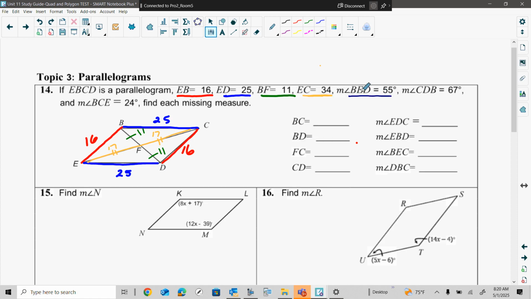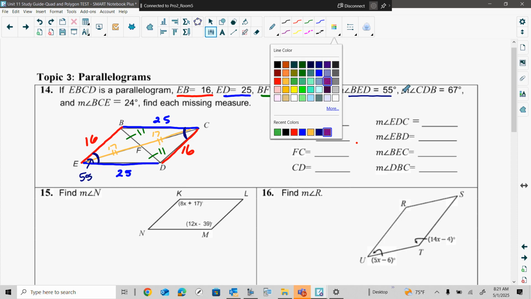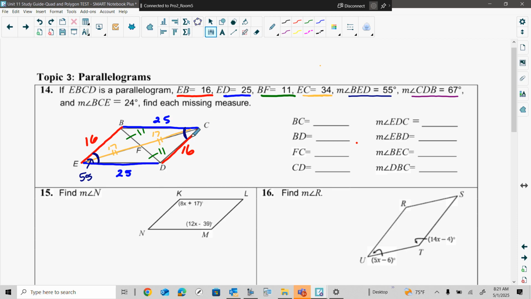Then they give us angle BED. This is the whole angle here. It's 55. That means angle C is also 55 because opposite angles are congruent. And then they give us CBD, from C to B to D. That is this little angle in here. No, sorry, CDB. So I went the wrong way. It's over here. That little angle is 67.